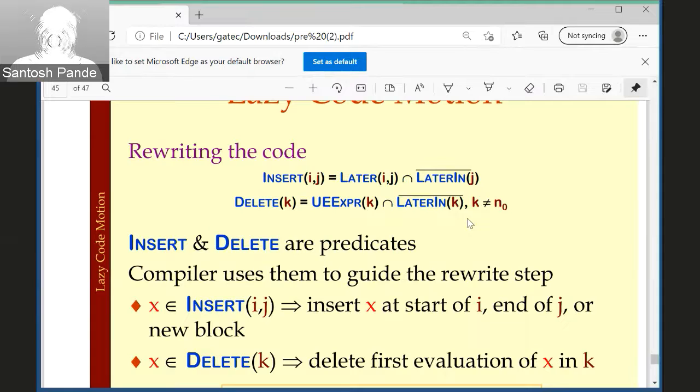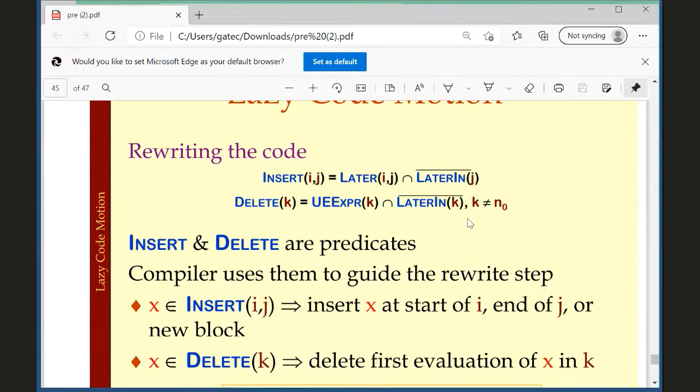And so therefore we cannot be any later than this particular edge, and we must cover it along ij, along which this is the latest point on which we must cover it, because if we cover it any later, we'll be in the path of availability, and so therefore we insert this expression, x plus y evaluation, on the ij edge.